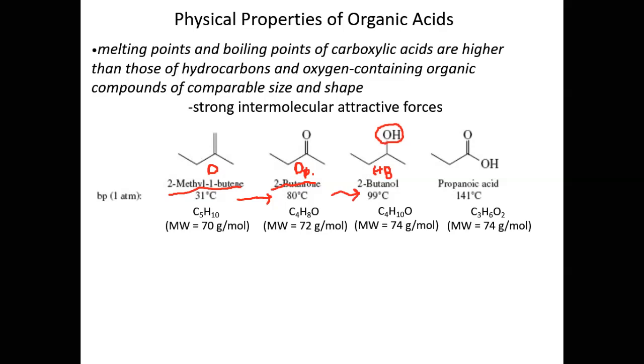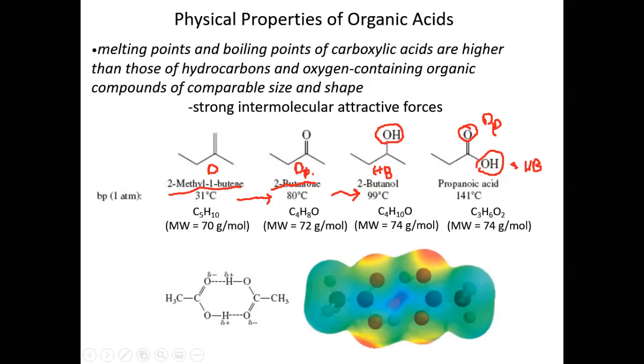Again, we have an OH, which is hydrogen bonding, but we also have a double bond oxygen, which is dipole-dipole. Together, these enhance the intermolecular forces for the carboxylic acid. Again, we're comparing apples and apples, not apples and oranges.